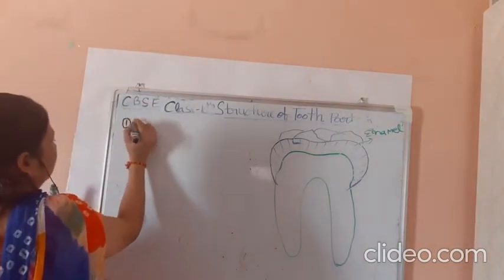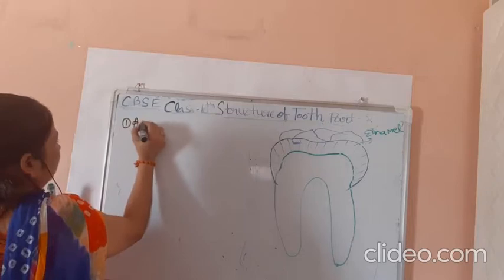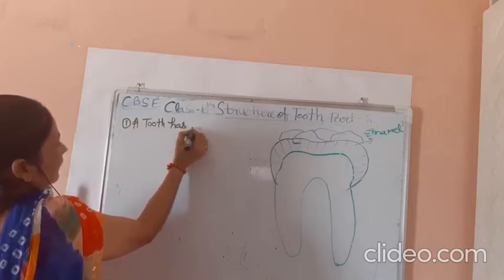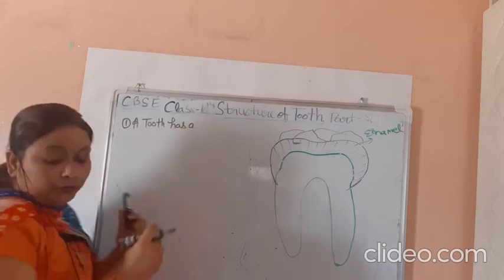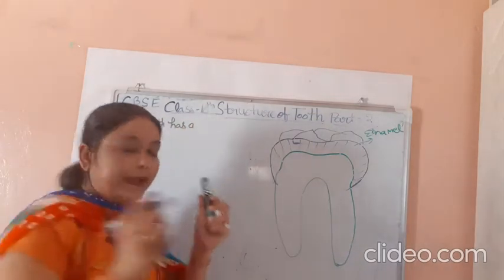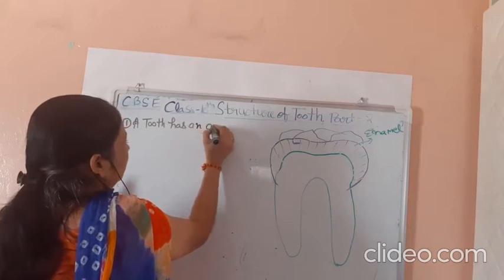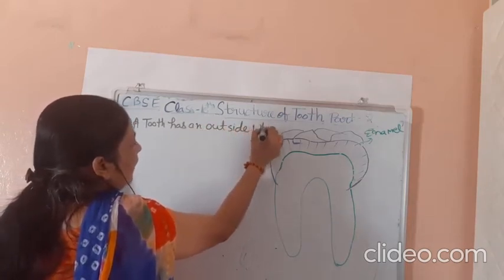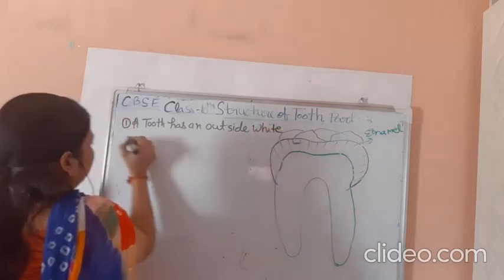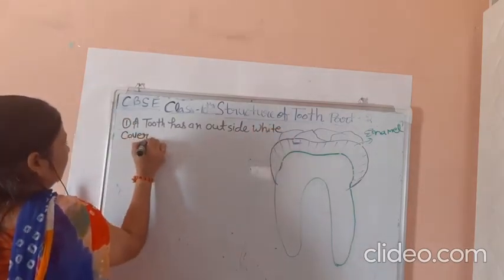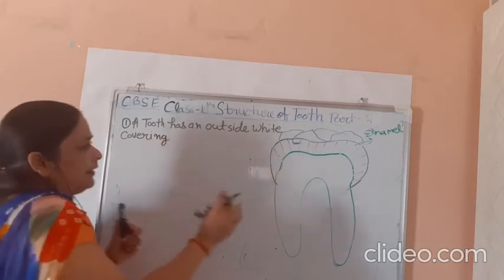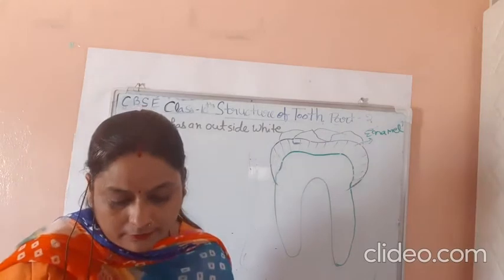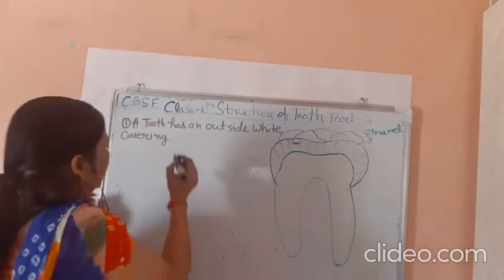A tooth has an outside white covering, called enamel.